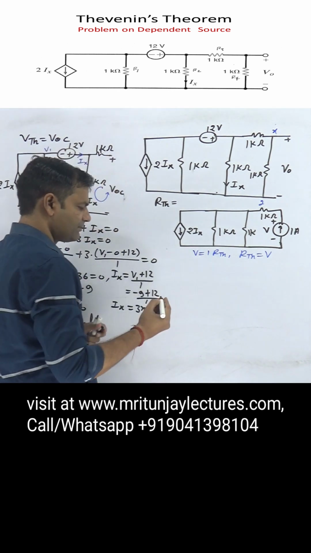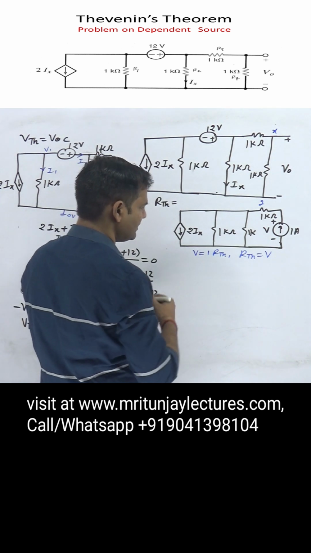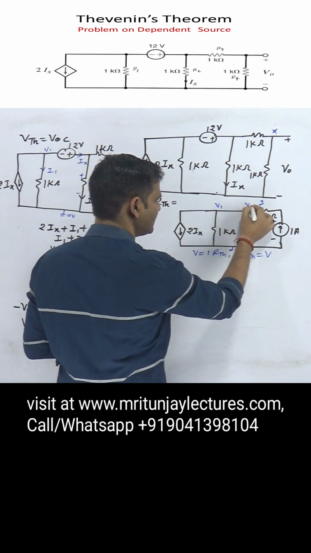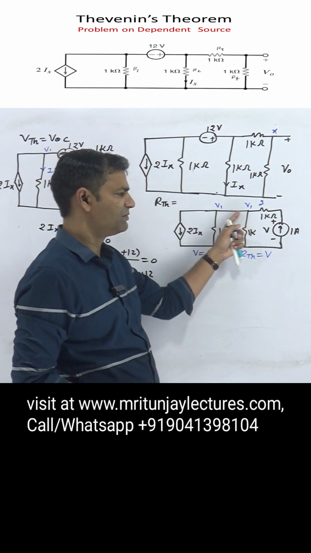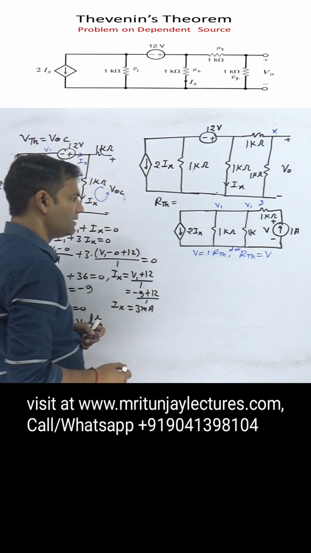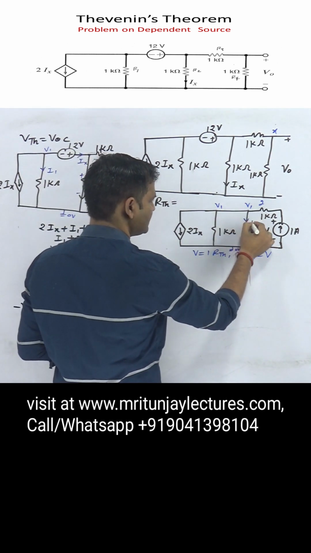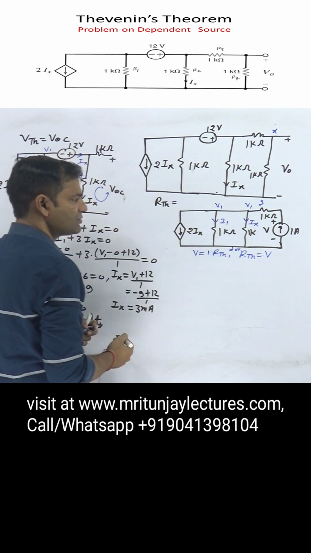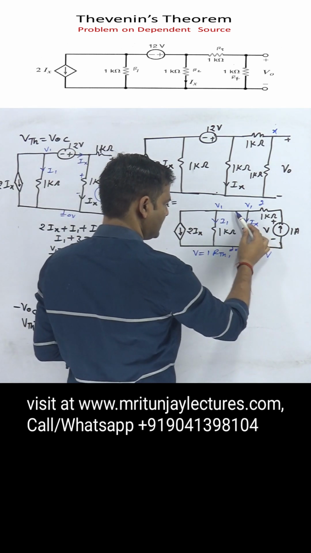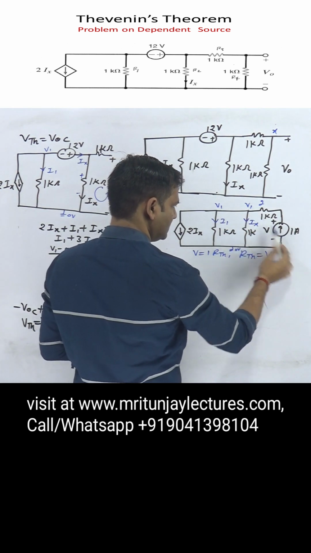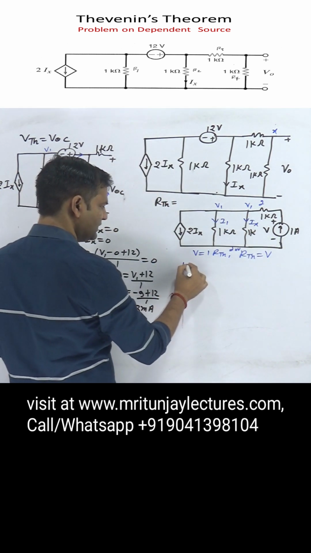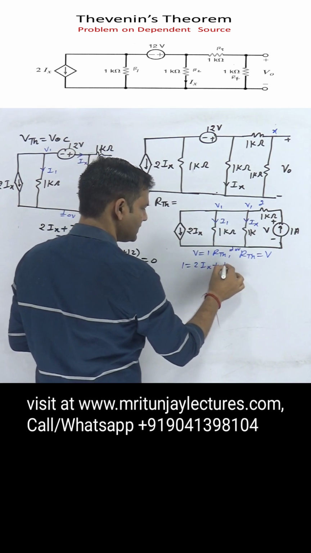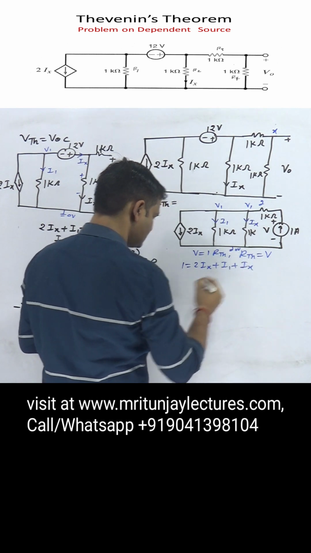If you consider here, this node is 0 and this one is V1, so this one is also V1 because there is no voltage drop between these two. Now what about the current in this branch? That is Ix, and if this one is I1, then the incoming current at that node, 1, is equal to 2Ix plus I1 plus Ix.